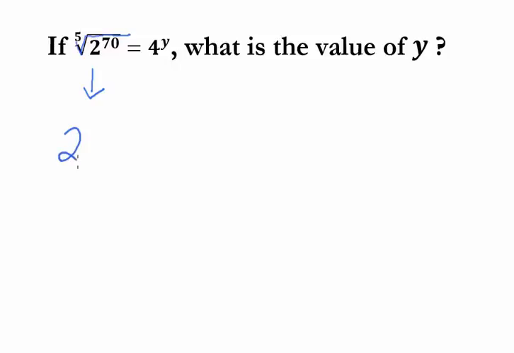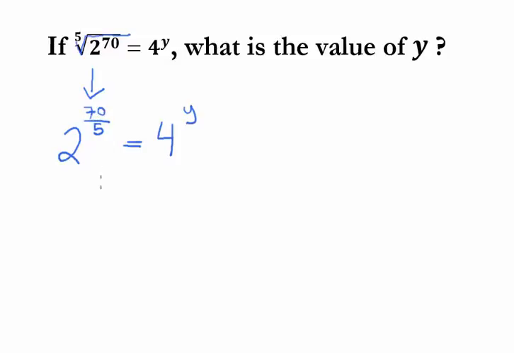So this is the same as 2 to the 70 over 5 power. You can double check that: the 5th root of 2 to the 70th is 2 to the 70 over 5 power. So now we have 2 to the 70 over 5 power is equal to 4 to the y power.